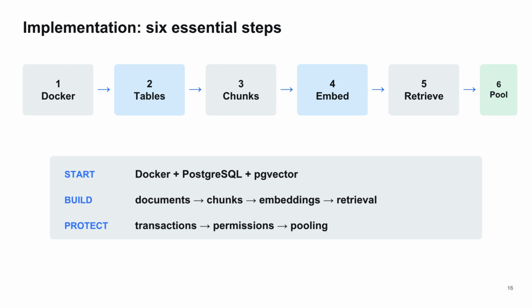And then we have implementation. Implementation can be remembered as six steps. This is the overview of how to implement RAG in real enterprise use. We start with the database and then create documents and chunks, generate embeddings, retrieve the nearest passages when a question is put in, and add a bounded connection pool.